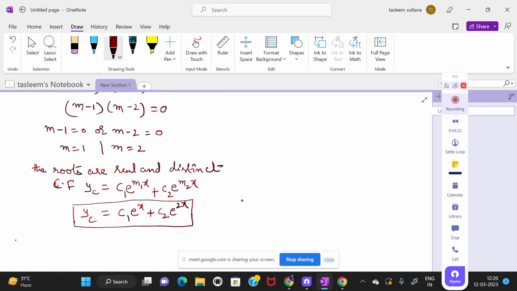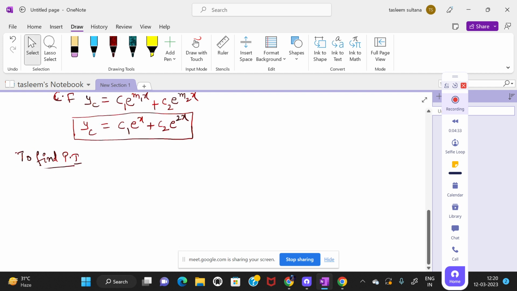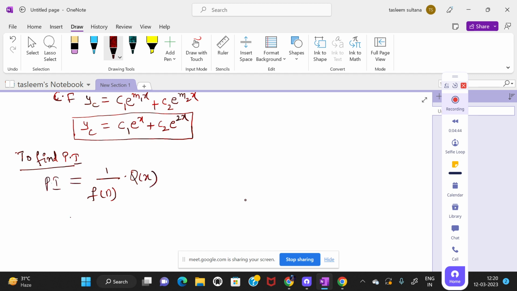Now we'll go on to find PI. You are there, Aditya? Yes, ma'am. To find PI, where PI equals, just use the same method, 1 by f of D into Q of x, that is your PI formula, which equals 1 divided by what equation they have given?